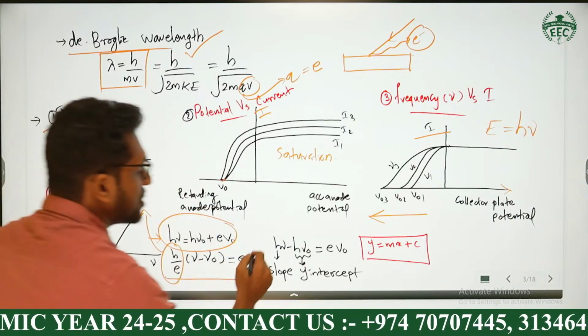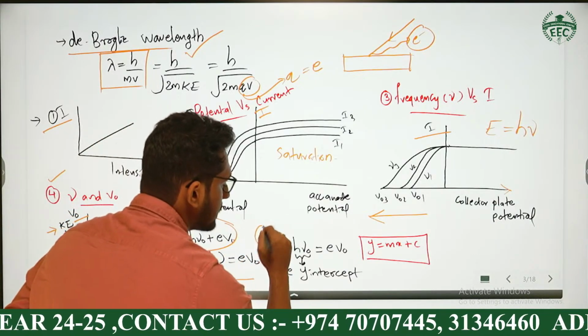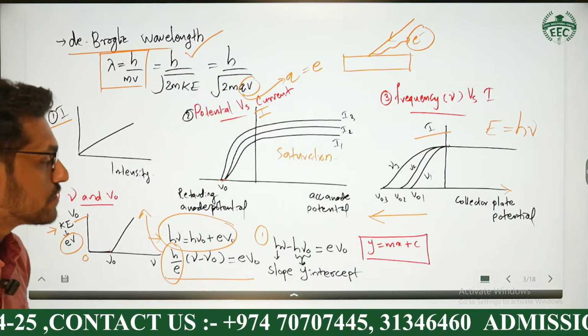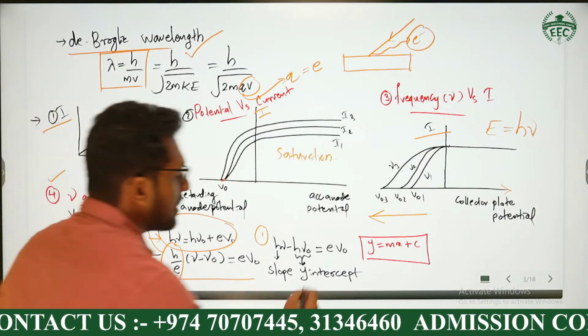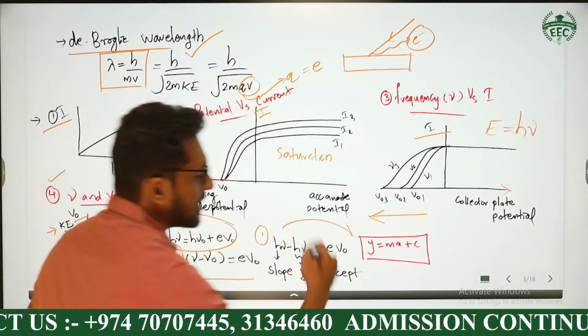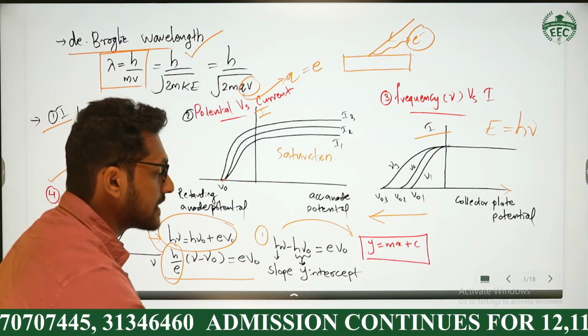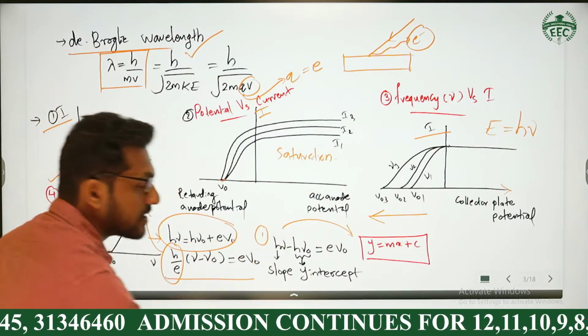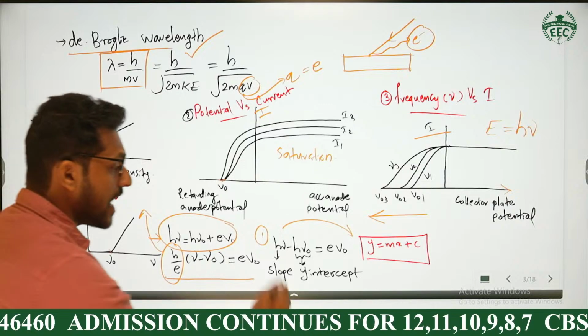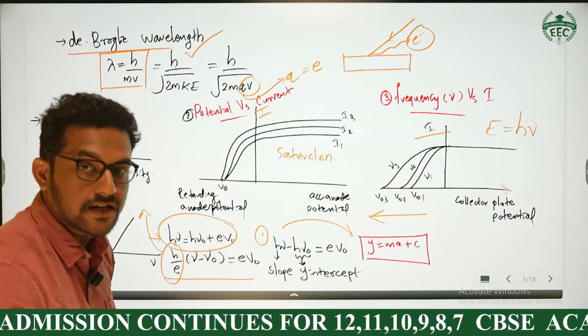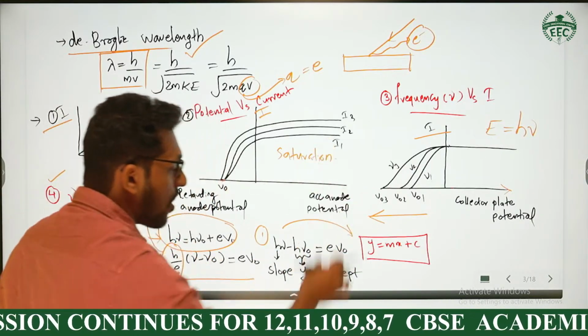If we write the equation as h nu minus h nu0 equals eV0, it looks like the equation for a straight line, y equals mx plus c. Then h by e will be the slope.